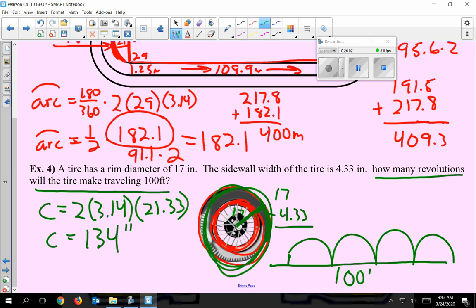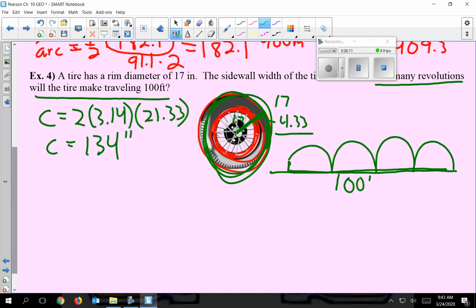And the problem is that I've got my circumference in inches, but they're asking me how many times does it roll in 100 feet. And so there's kind of 2 ways you could do this. I just took 100 and multiplied it by 12 inches and I got 1200 inches. You could have converted this 134 by dividing it by 12, and I forget what I got here, like 11 point something or whatever.